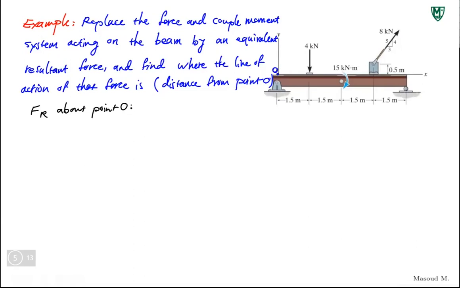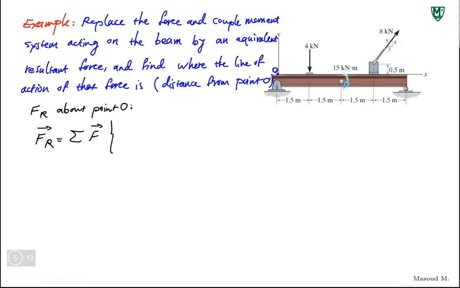It doesn't matter which point, right? Because it's FR, we can find it as long as we find it along the line passing through point O. But let's go with FR about point O. We're finding the equivalent system at point O first and then make it more simple. So from before, I know FR is equal to summation of forces.